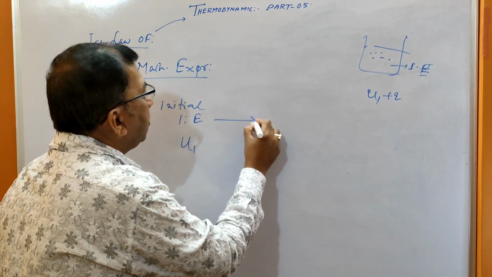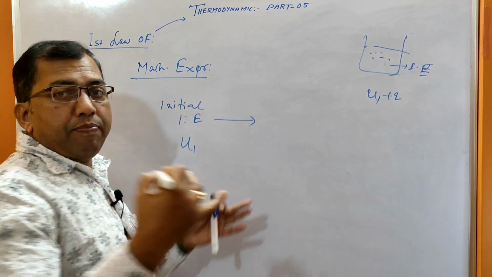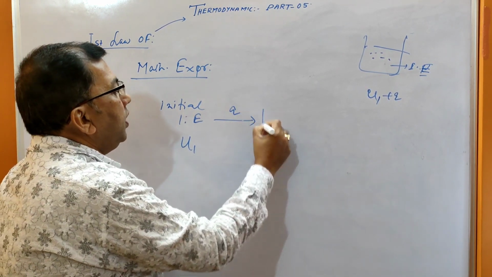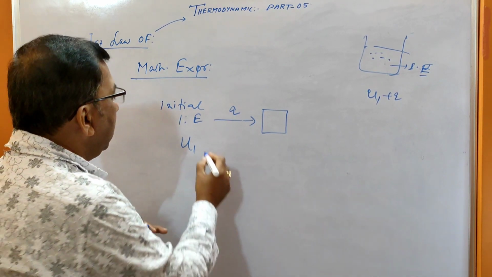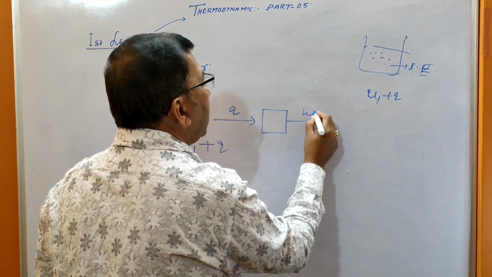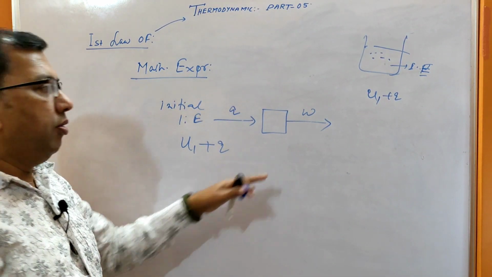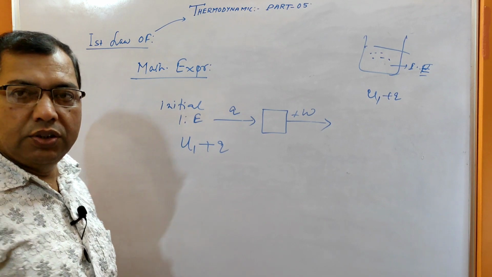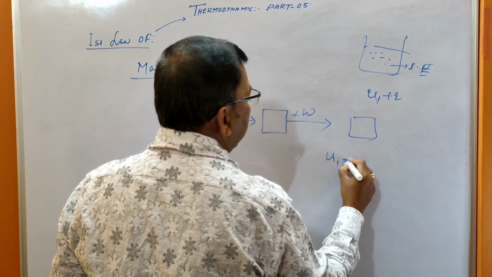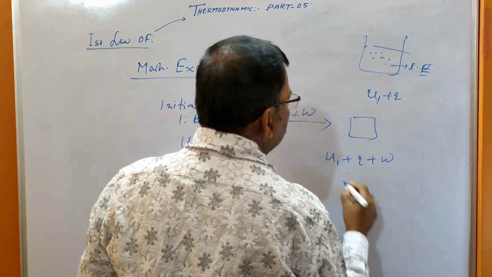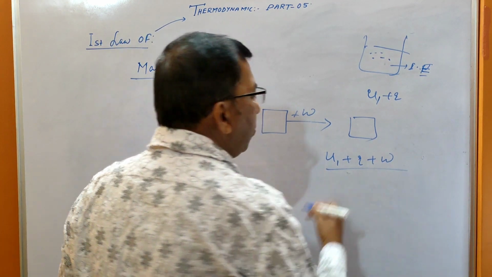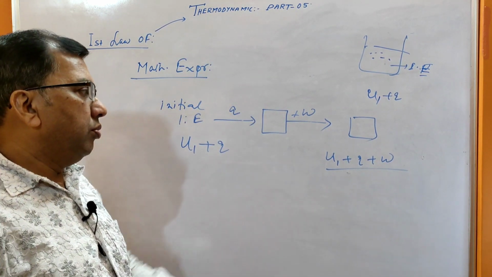After applying heat Q, its internal energy will increase to U1 plus Q, and then with work W done on the system, the final internal energy will be U1 plus Q plus W. Let this final energy be U2.